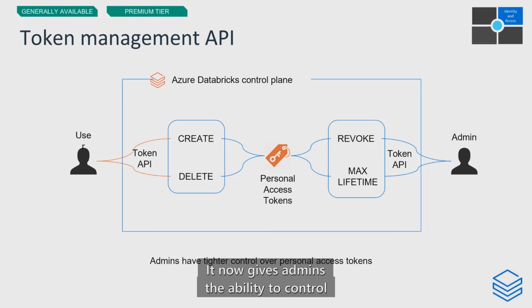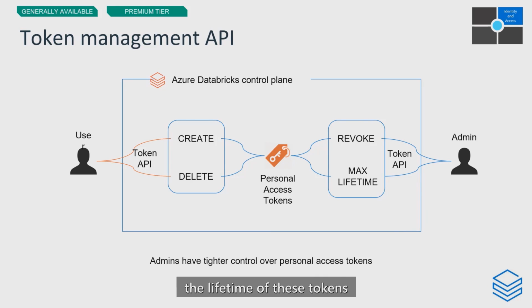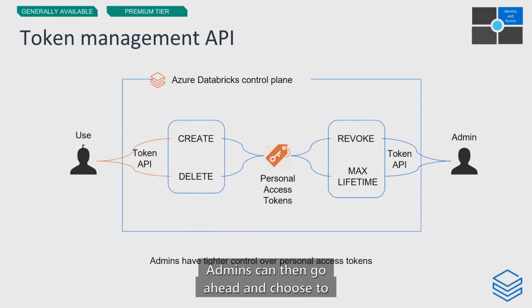It now gives admins the ability to control the lifetime of these tokens in Azure Databricks workspaces and to monitor tokens with a list of existing tokens that they can see, who created them, their expiration date, and also a note on what the token is used for. Admins can then choose to revoke any of these tokens from the workspace and thereby have much greater security control on what users can do with a particular workspace.